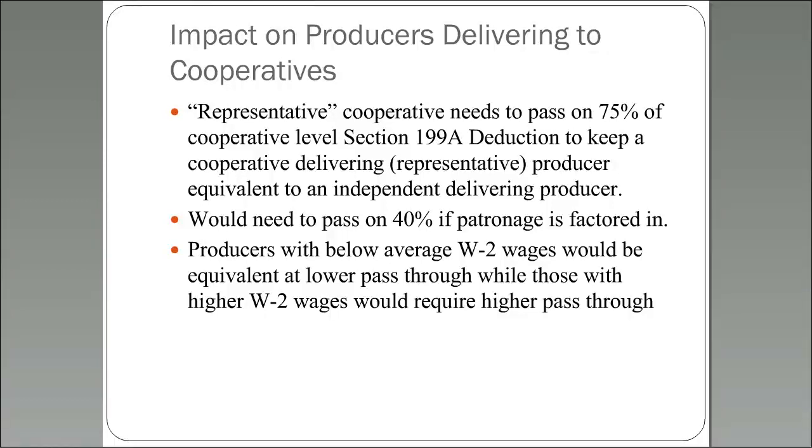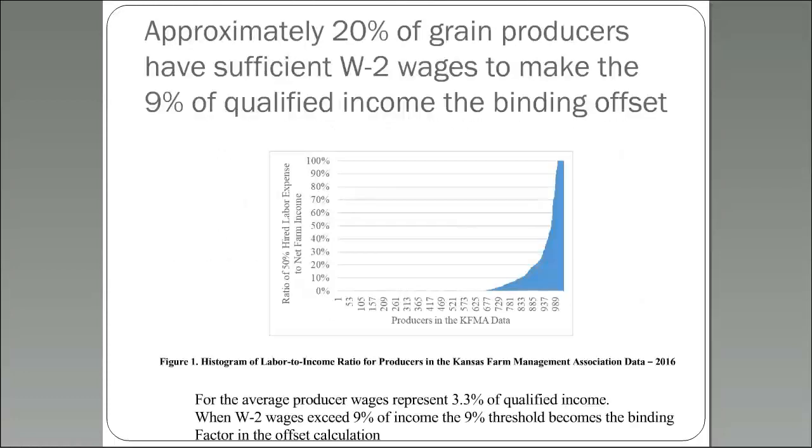And then, of course, if you have less W-2 wages, you would be equivalent at an even lower pass-through. And if you had higher W-2 wages, it might take more. So if you had no W-2 wages, then any pass-through you get from the cooperative is gravy. And of course, if you have high W-2 wages, it might take more than that 75%, possibly even more than all that they could give you. So it is going to vary with every producer with W-2 wages.